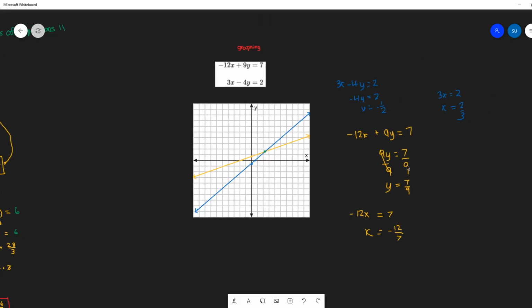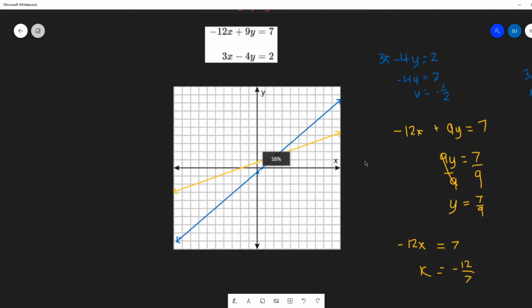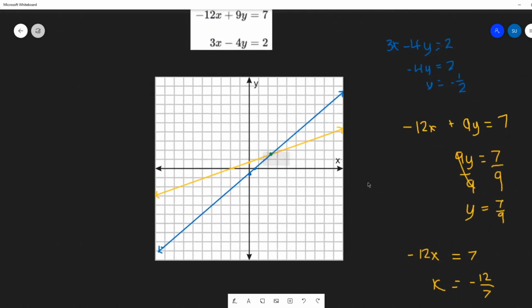I probably should have given a more whole number example, or maybe with halves. I guess we can sort of estimate it right here. We could say maybe our solution is x equal to 2 1/3, so that's 7/3.